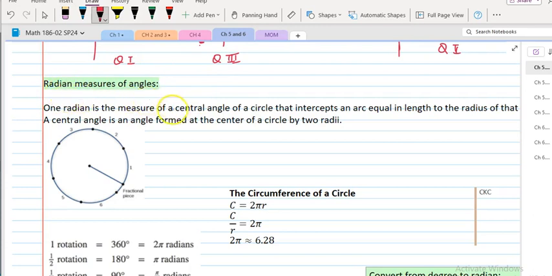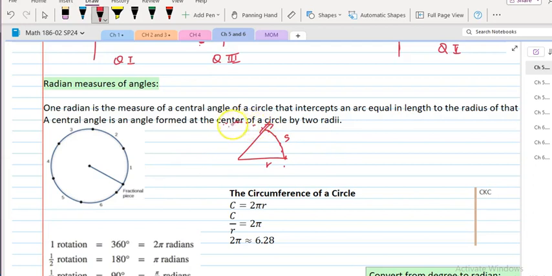Radian is a measure of the central angle of a circle that intercepts an arc equal to the length of the radius. Namely, instead of looking at an angle like this, we imagine that there is a circle of radius r, and this terminal side intercepts an arc length, which we call s.